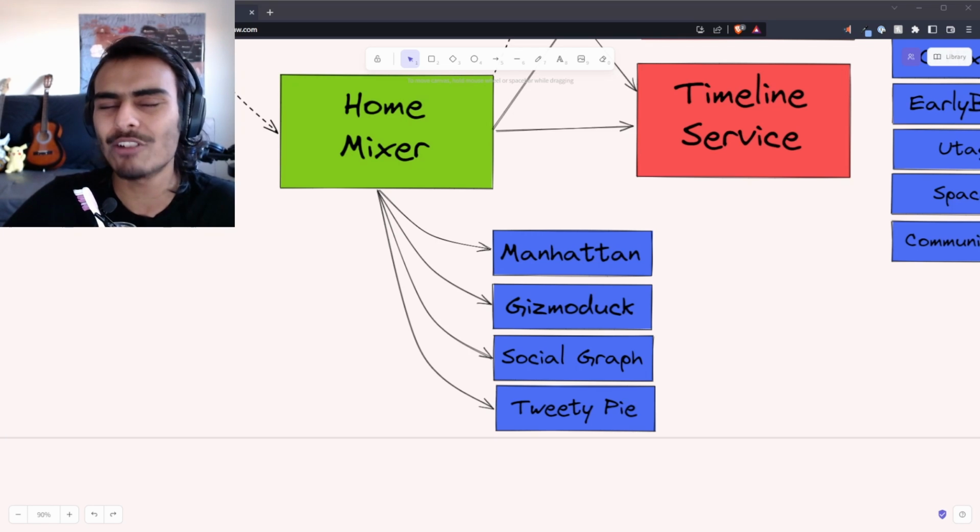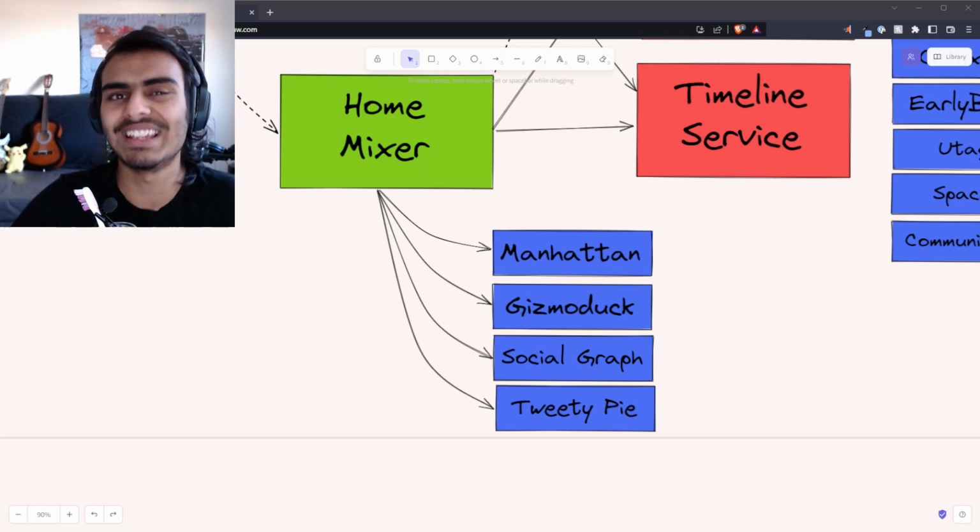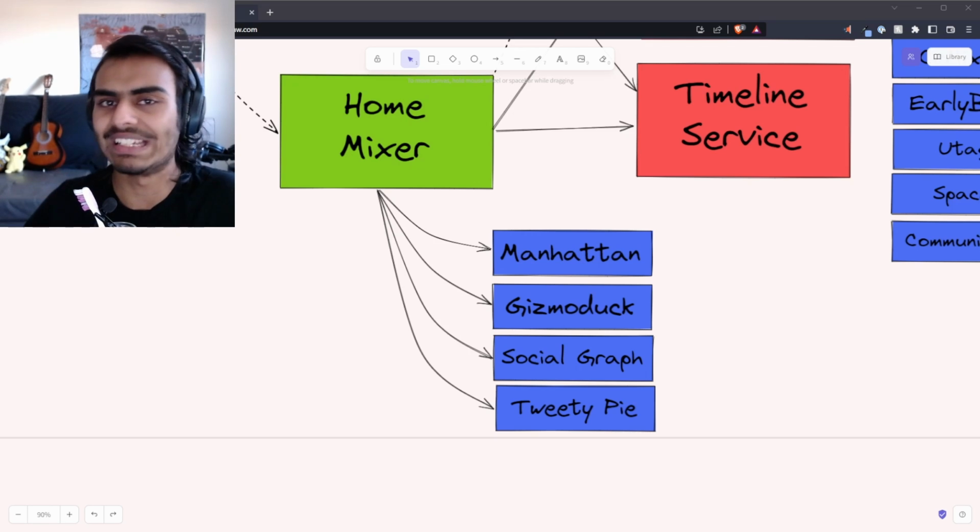So to squeeze out performance and scalability out of your databases, you have to give up a lot of the developer experience and ease of use that SQL databases give you. And you have to go for these hyper specialized databases that are really good at doing one thing and really bad at doing everything else. And then what you end up with is a bunch of databases that are all really good at the thing that they do, and you have to figure out how to combine them into a meaningful experience.